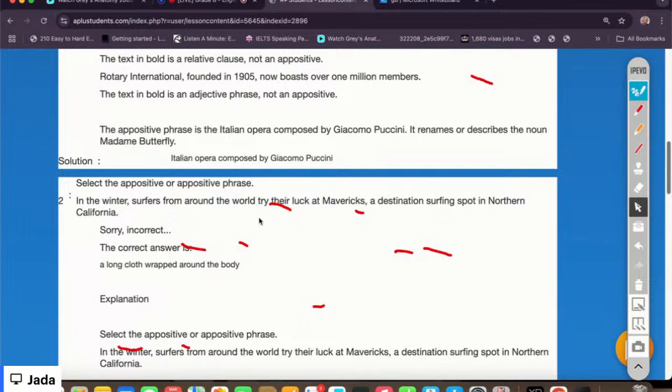All right, let's look at some of the examples. The first one is to select the appositive or appositive phrase. In the winter, surfers from around the world try their luck at Mavericks, a destination surfing spot in Northern California.